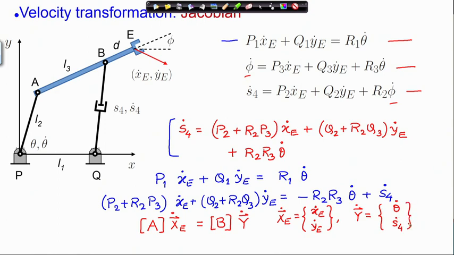So, the joint velocity vector, and the matrices A and B you can very easily read out from these two equations.